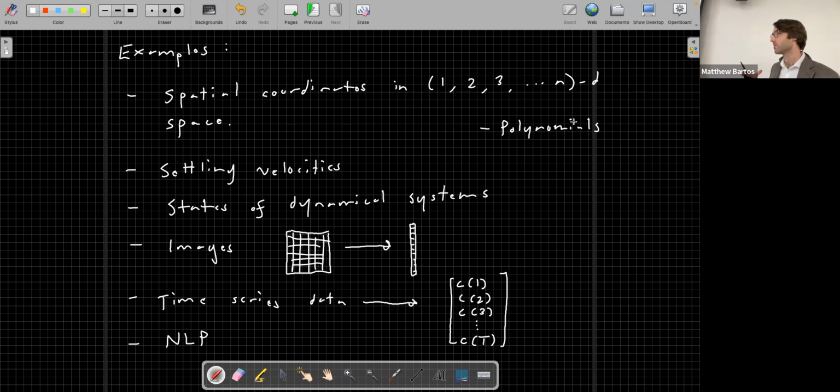And you can even use linear algebra techniques, with the polynomial defined in that way, to find the roots of the polynomial, which we might have some examples on later. But you can use vectors to represent polynomials or other essentially linear systems. Okay, so those are just some examples of vectors.